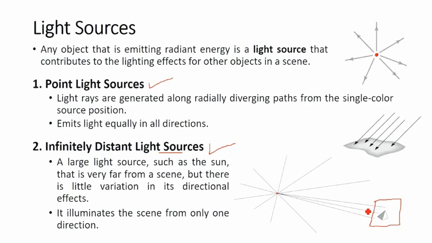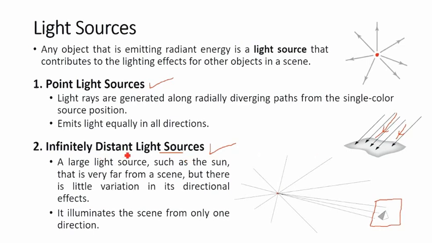Basically, what matters for us is the direction of the light. The position doesn't matter. So if we try to model an infinitely distant light source, what we would need is the direction of the light and the color of the light. These two things we'll have to consider.